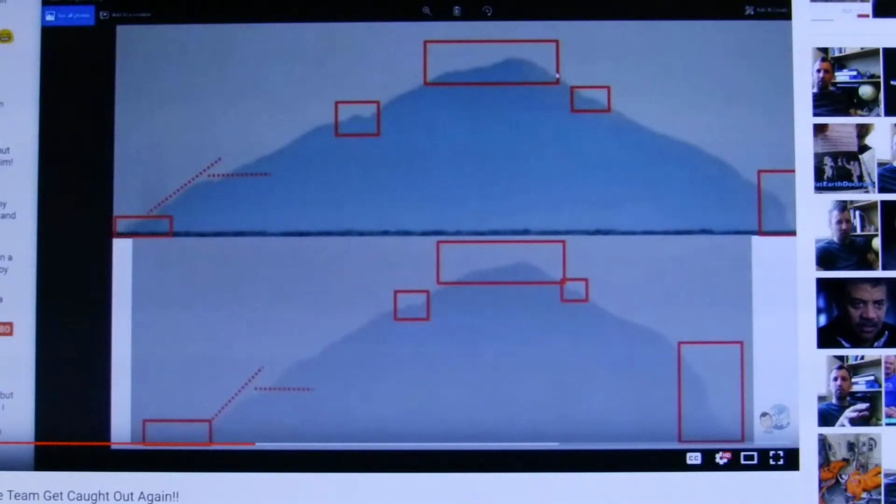Now, I picked this up on someone else's video about it, and he says that those dotted lines on the left in the lower image are in the wrong place. He's got flat bit, gentle slope, steep slope, gentle slope, and here you've got flat bit, slope, gentle slope.